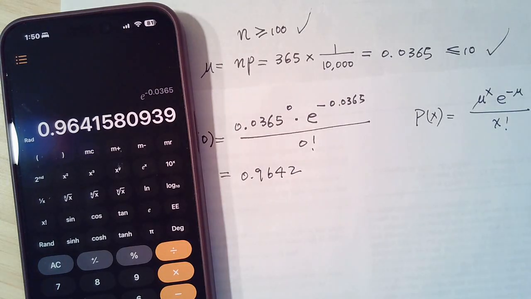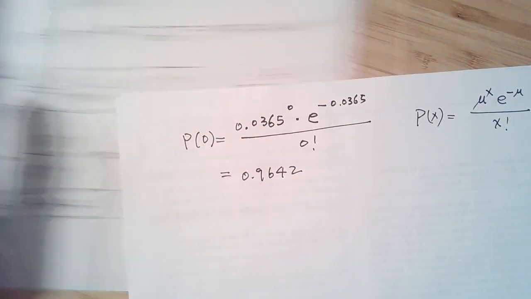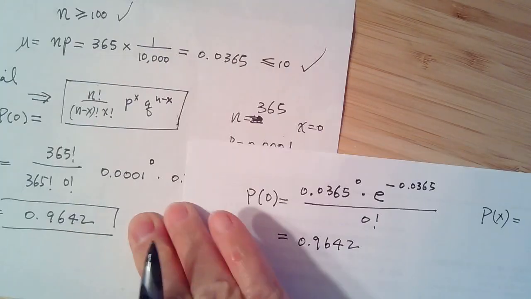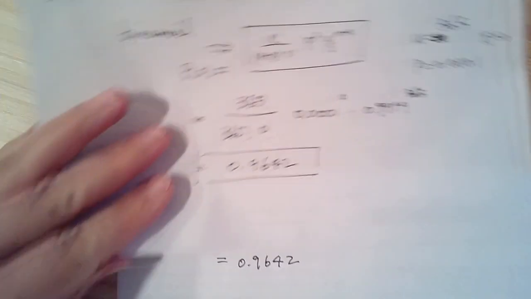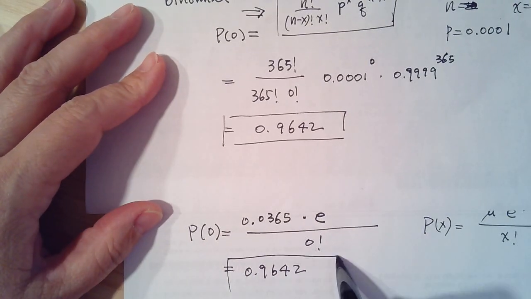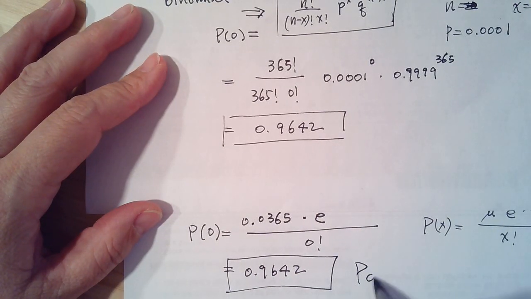Now, this is by Poisson, and this is binomial. Very close, isn't it?